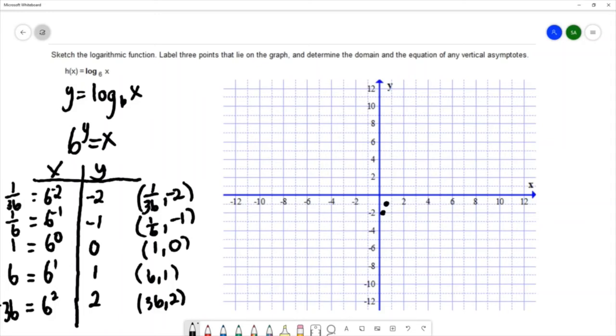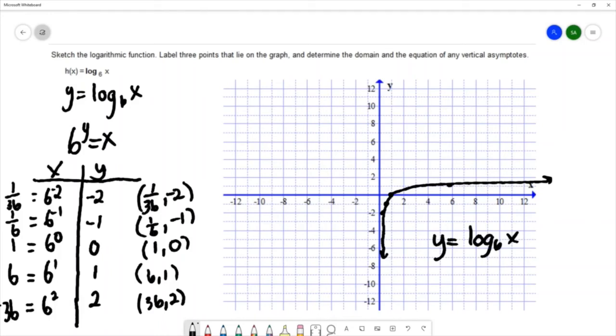Then we have 1, 0, 6, 1, and 36, 2 would be too far off of my grid to show. I'm going to connect these 4 points. And this is a picture of our log function, y equals log base 6 of x.